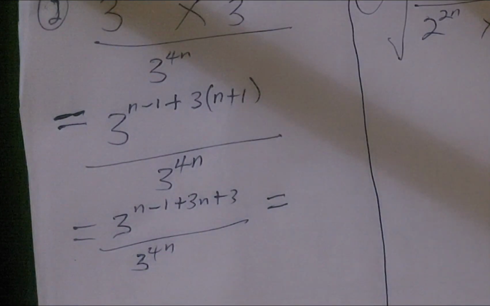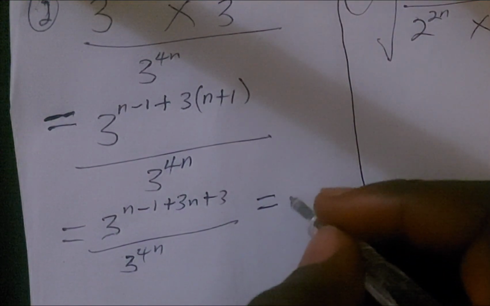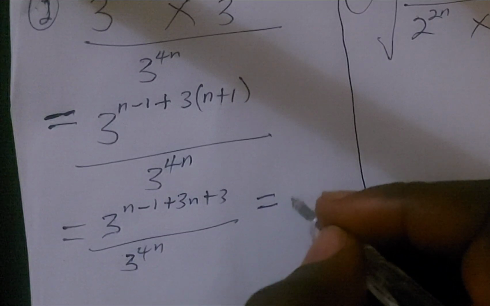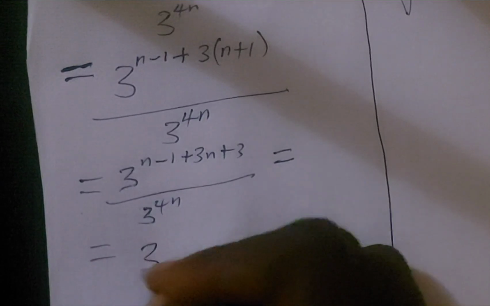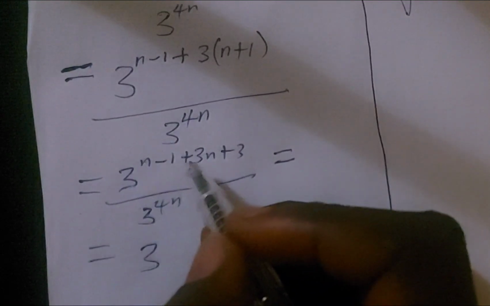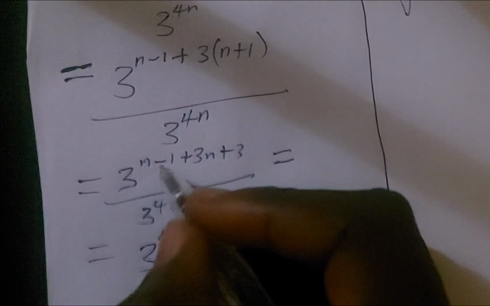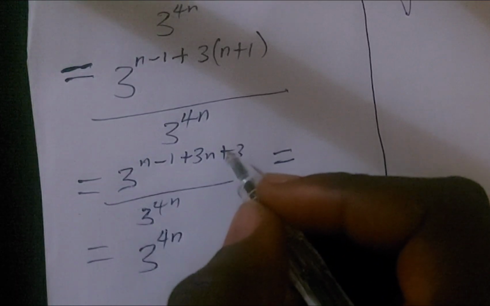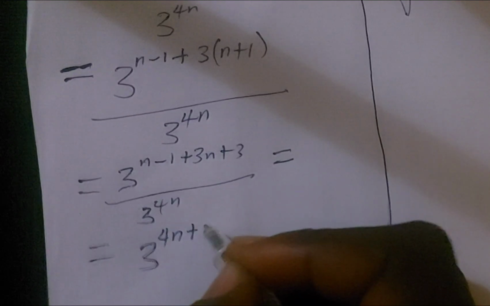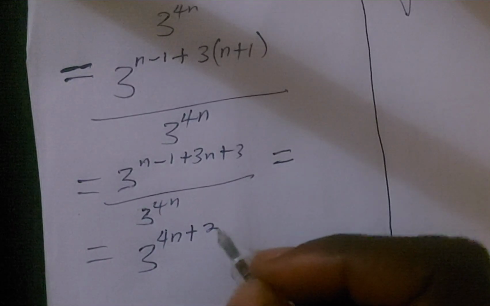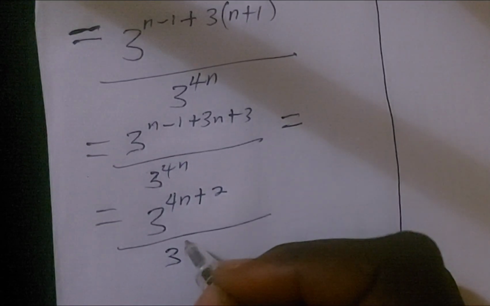This can be simplified further as, okay, let me come back here. 3 raised to the power of n plus 3n. We have 4n minus 1 minus 3 plus 3 minus 1 plus 3. You have plus 2 all over 3 raised to the power of 4n.